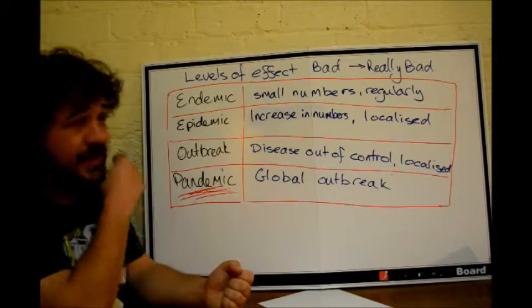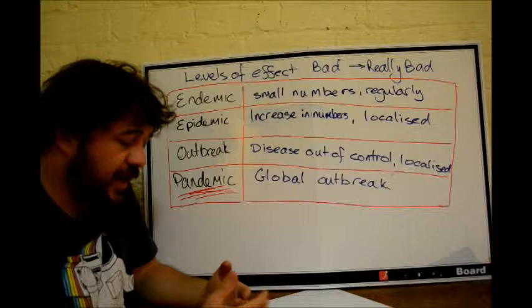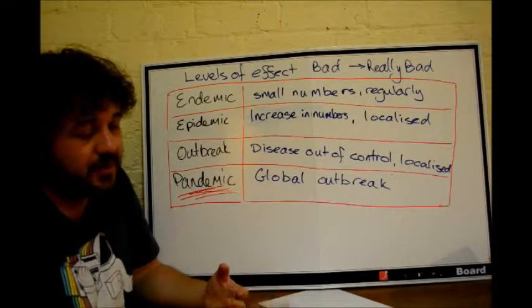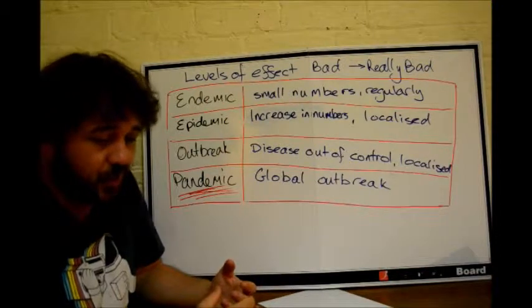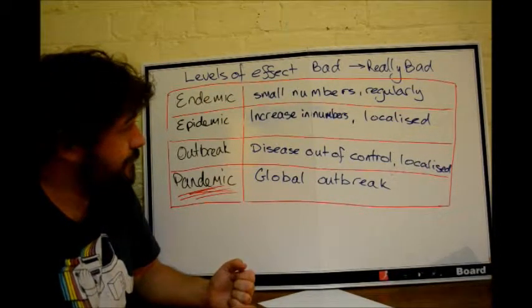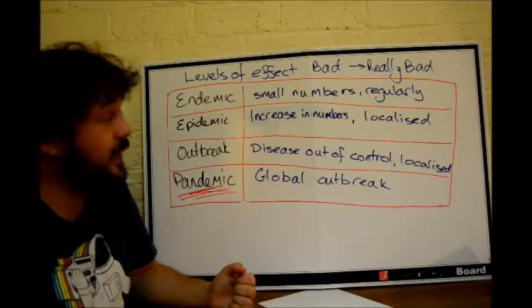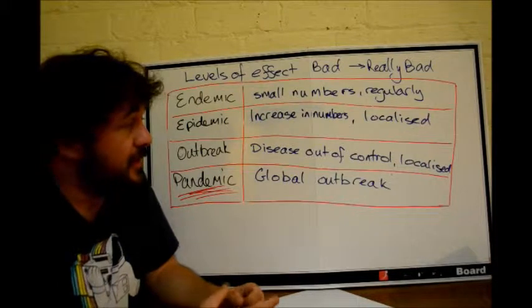Then we have an epidemic. Now, this is what happens when you have an increase of numbers but localized. So for example, because some people very poorly decided not to vaccinate their children in the north coast of New South Wales, we started to see an increase in numbers of measles, and this was an epidemic.